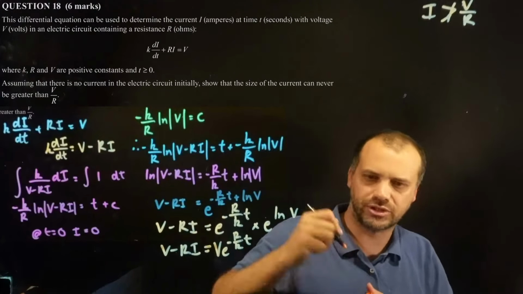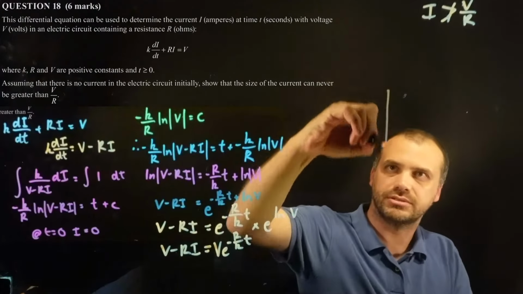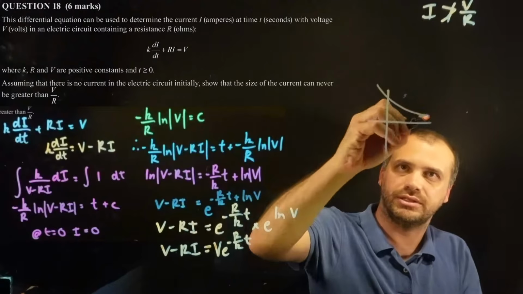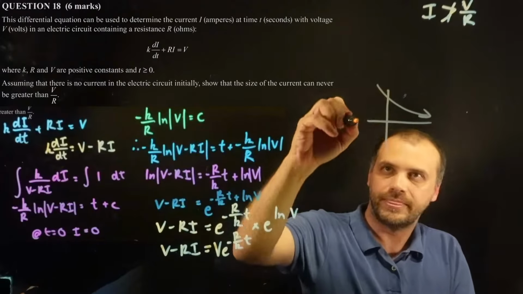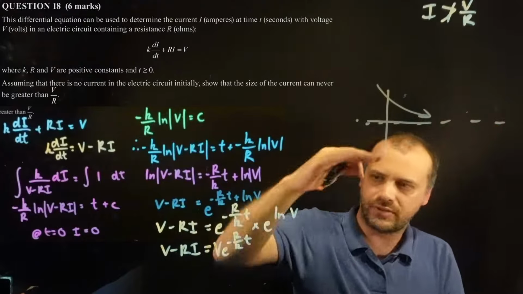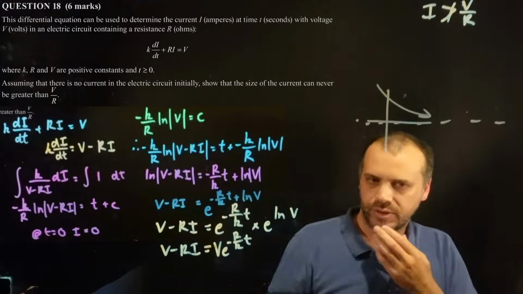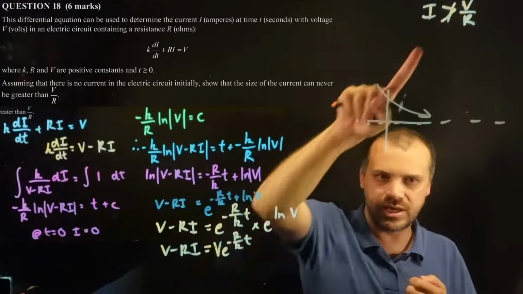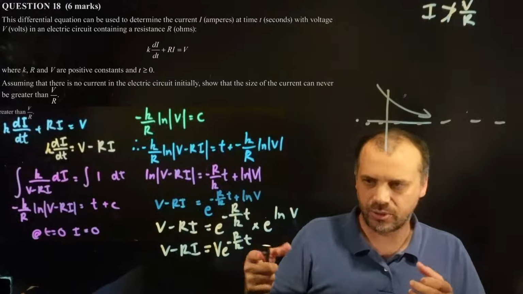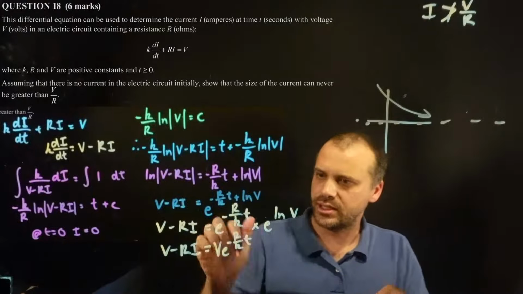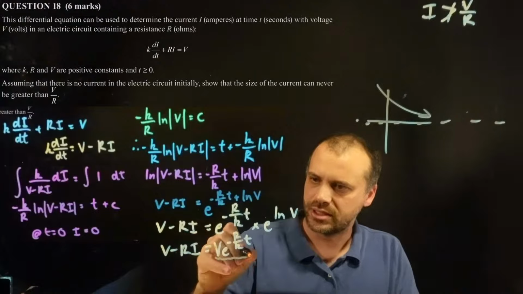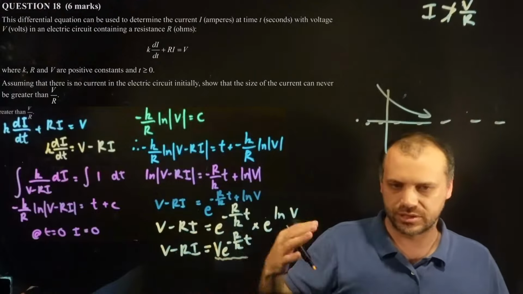It looks like this, right? It's like a decay curve, never dropping below 0. And so this is going to be key, because this is a greater than question, and now I know that this is always larger than 0.